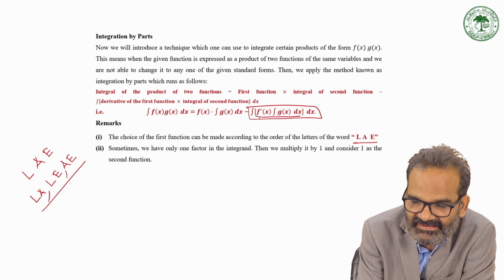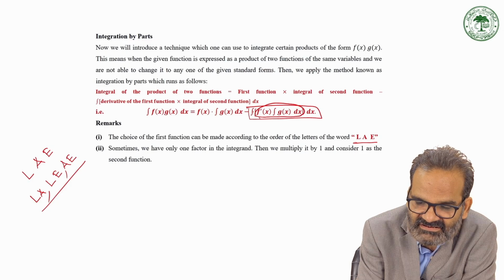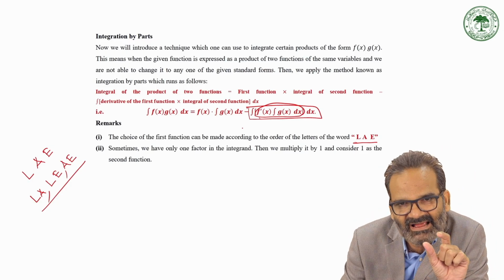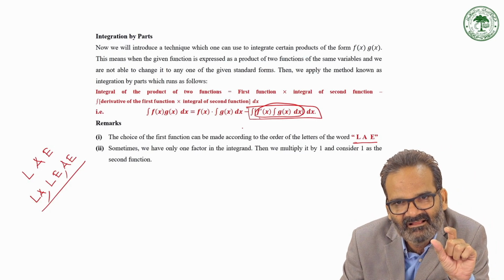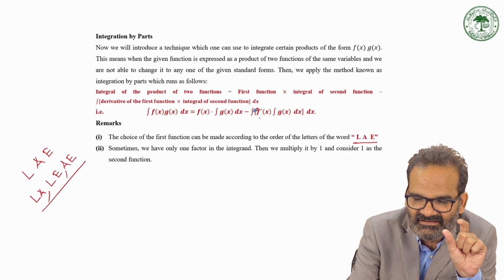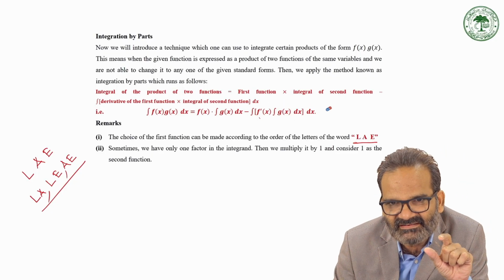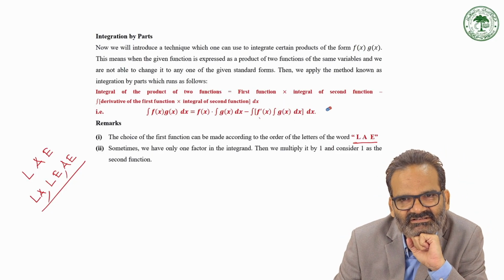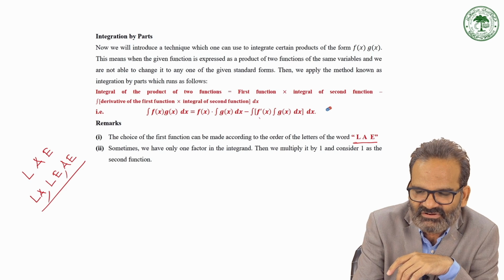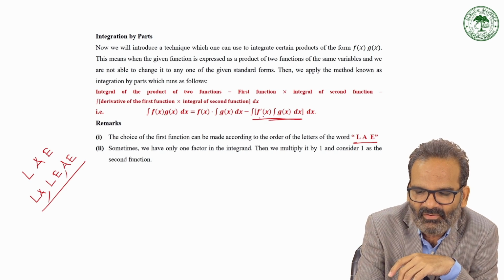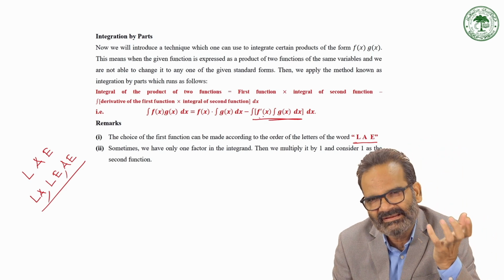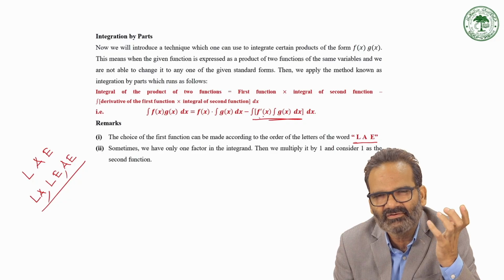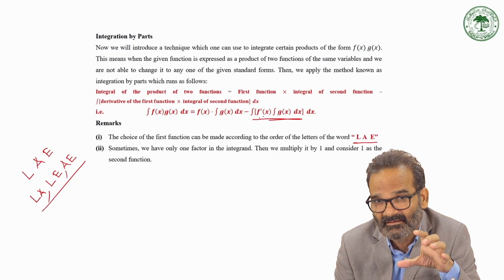We have to integrate this function again because this portion lies inside the integral. If we do not use this convention, the second portion of this formula will become quite complicated, and it would be very difficult to find its integral further.